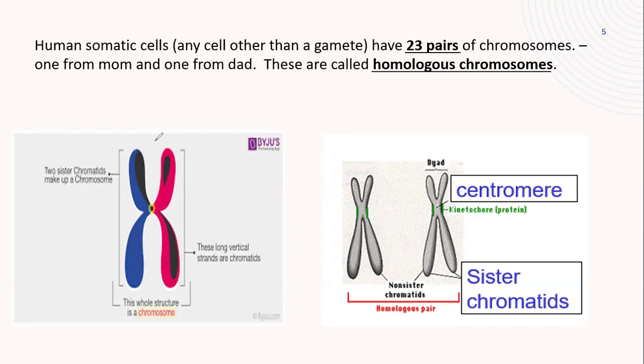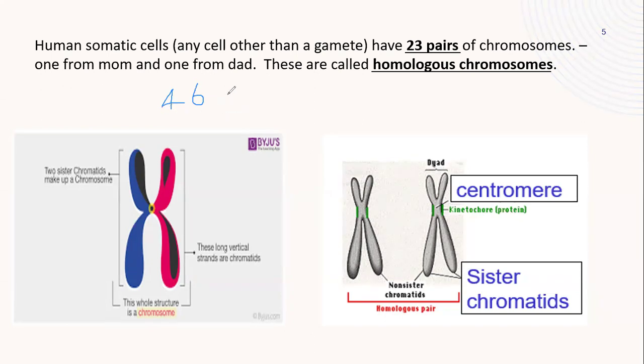I'll be talking about us humans. For us humans, our somatic cells, or our non-sex cells, our general body cells, have 23 pairs of chromosomes, implying that we have a total of 46 chromosomes in our non-sex cells.